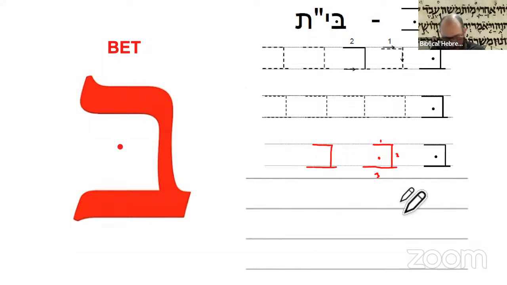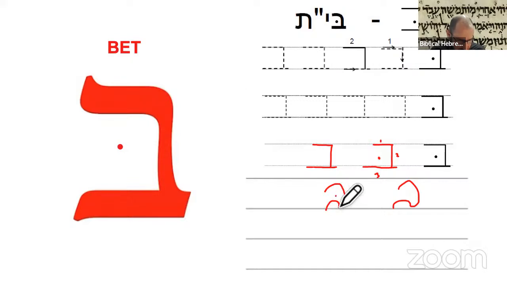And let me show you also, just for an extra piece of information, how we write the modern Hebrew Bet. This is how we write it. Like this, and another time, like half a circle. You don't need to study it, but this is for your information.